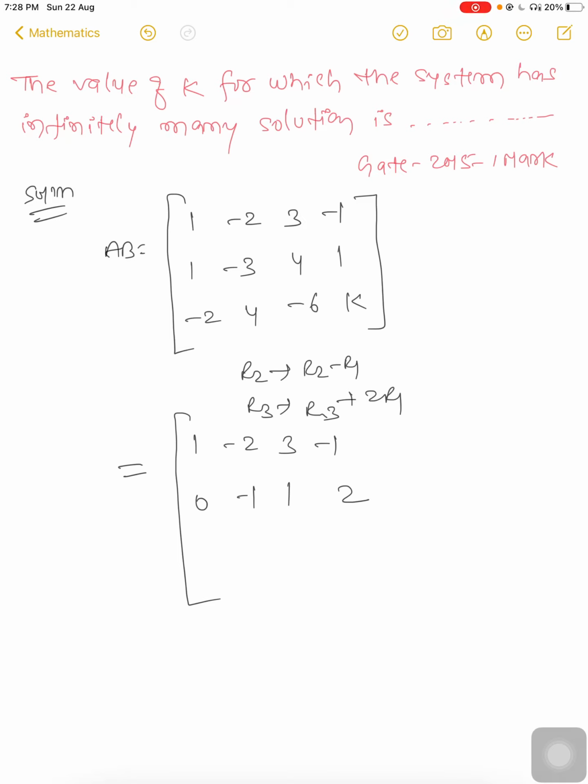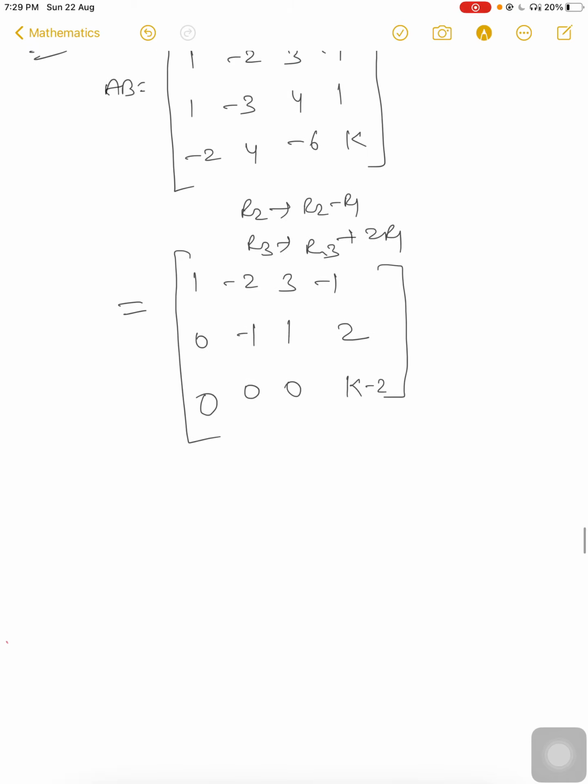Here you will get 2 and last one you will get the R3 plus 2 R1. So here you will get 0, and from here you will get 0 and here you will get 0 and you will get k minus 2.